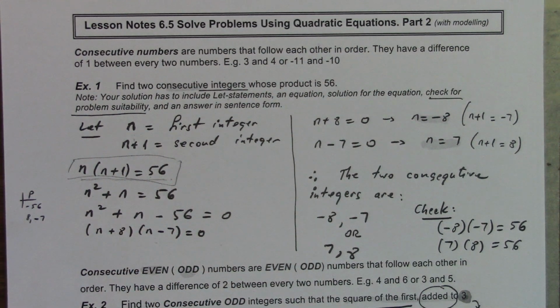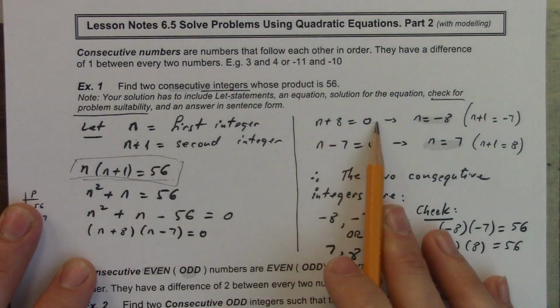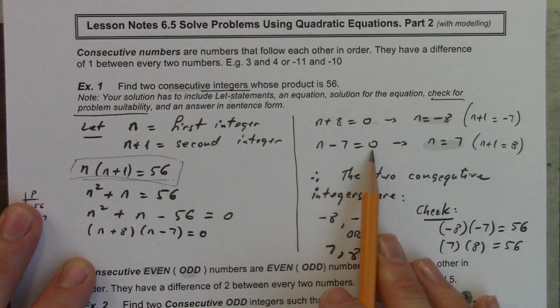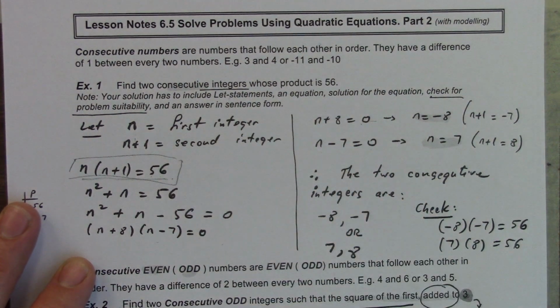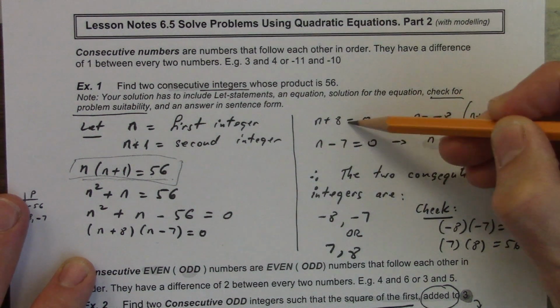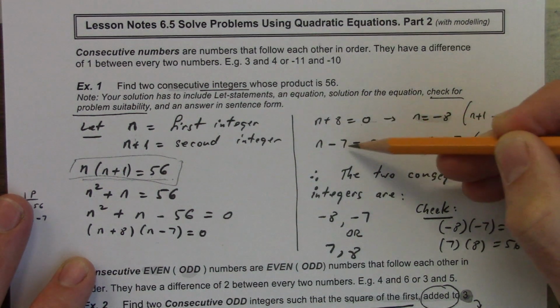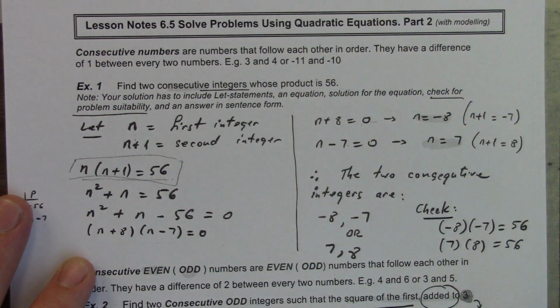Because anything times 0 equals 0. So if either of those two cases is true, the full equation is true. Does that make sense? I hope so. Those are the two conditions that we need to solve for n. We get n is equal to negative 8 and n is equal to positive 7.